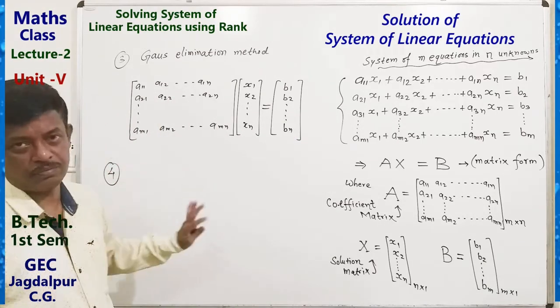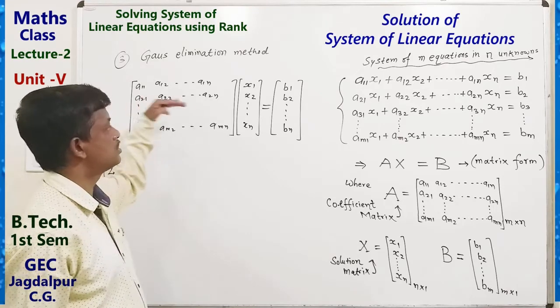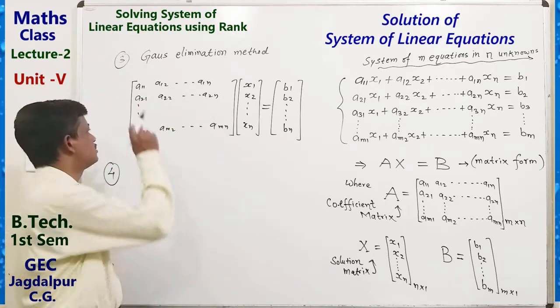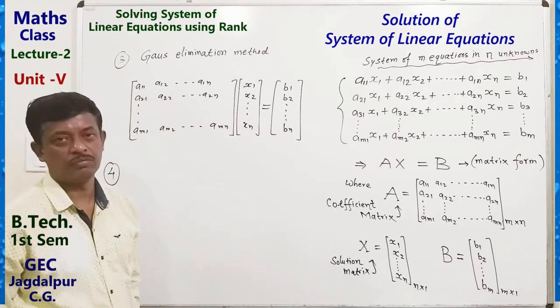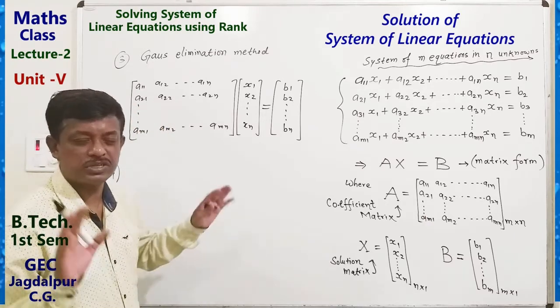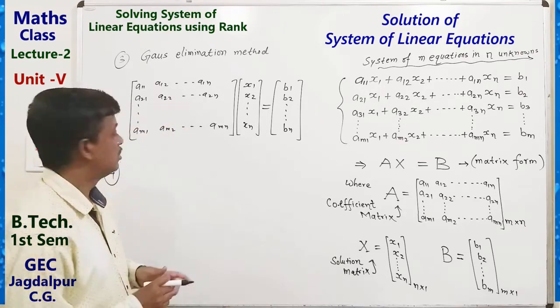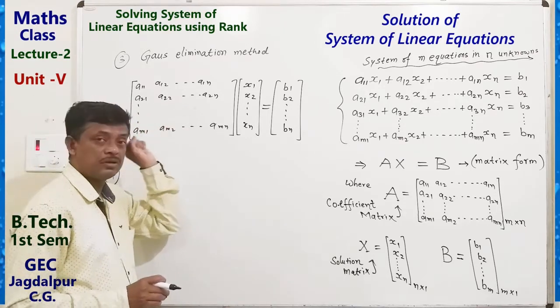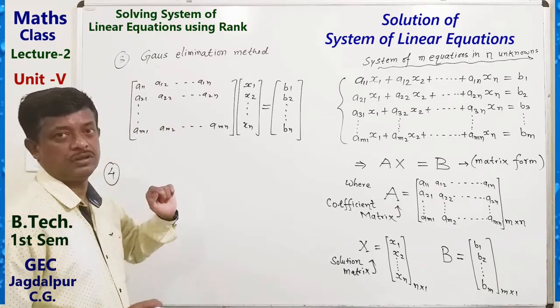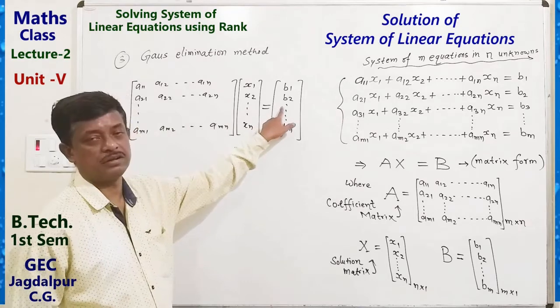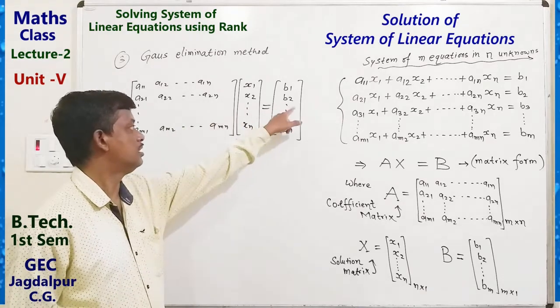Now, if we apply row operations to this system and we are trying to convert this to echelon form, by using row operations we are trying to convert this matrix to echelon form. The operation we apply here will also be applied here, not in this, only here and here.